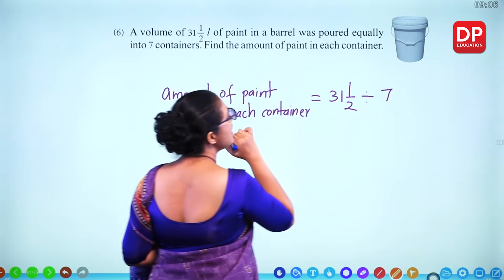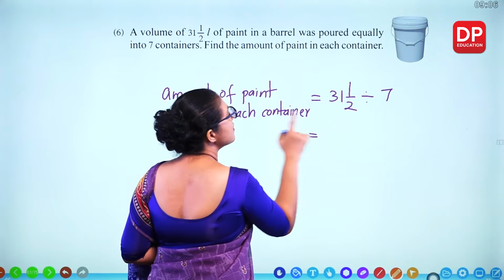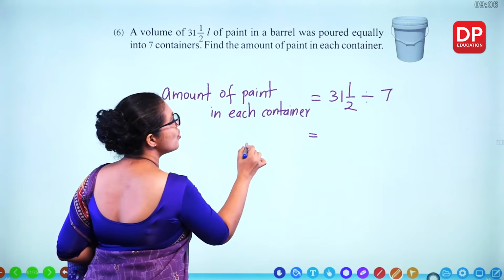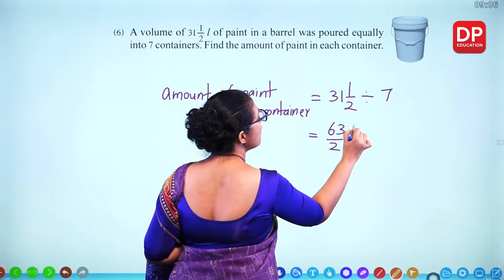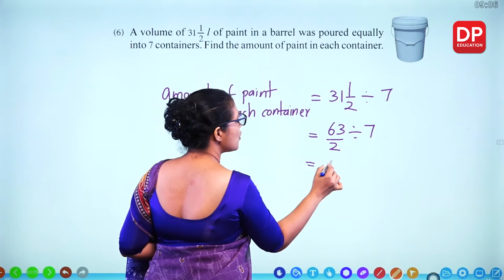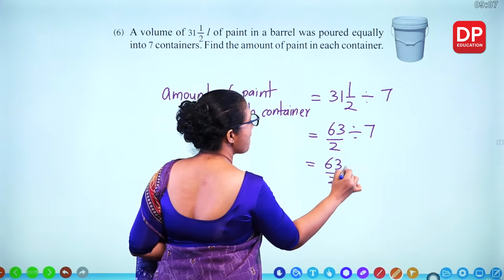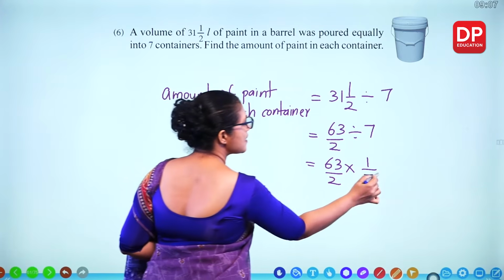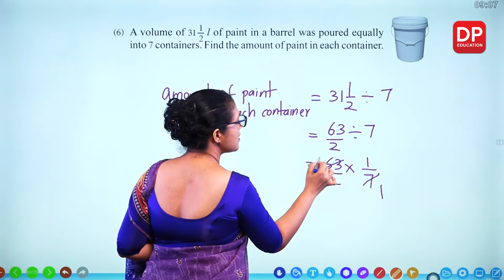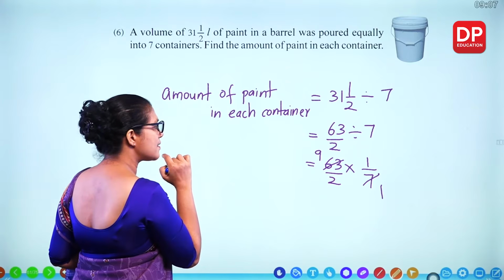So divide by 7. 31 times 2, you get 62 plus 1, 63/2, divide by 7. Convert to multiplication, multiply by 1/7. 7 times 1, 7, 7 times 9, 63.